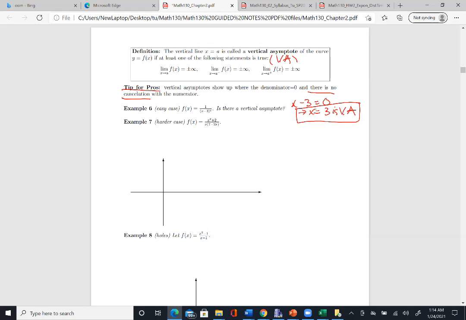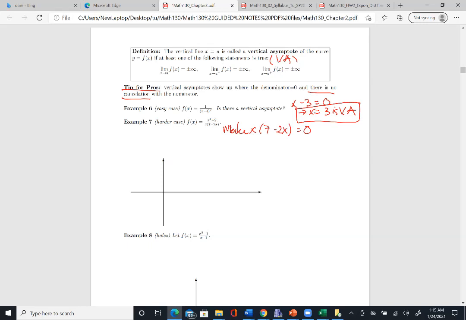So example number 7 is a harder case. You have x squared plus 2 on the top. Bottom is x times (7 minus 2x). Again, check if there is any common factor between top and bottom. In this case, no. Then you can just make the bottom, x times (7 minus 2x), equal 0, right?